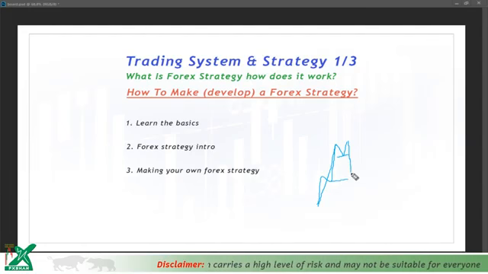So this can be our strategy. This will be our entry, this will be our stop loss, and that will be our target. This is our double top formation, and we will look for sales after the break of the neckline using pending orders or market orders, right?